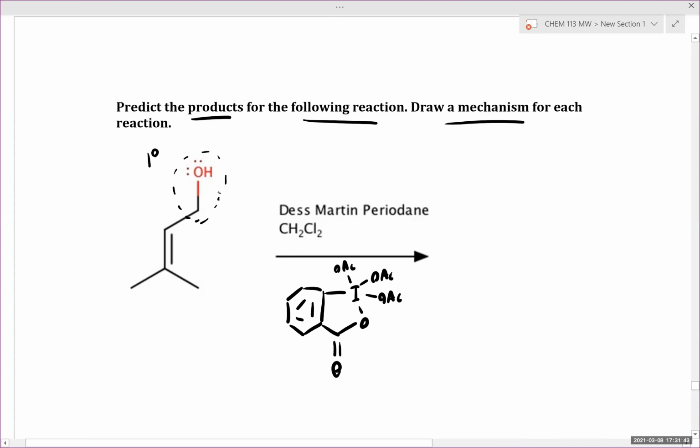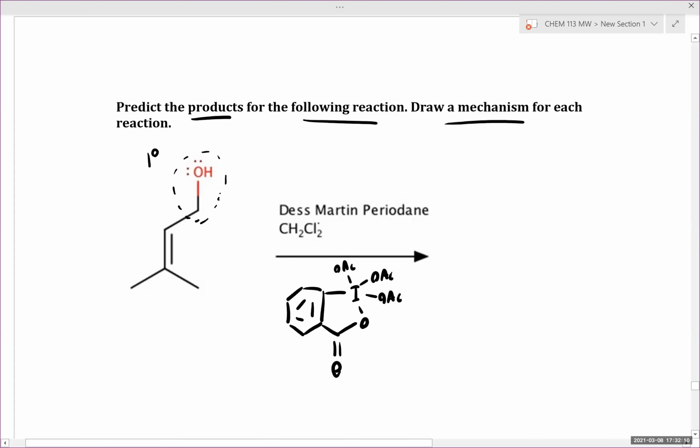Okay, and would anyone like to comment now that we have an idea of the structure of our reagent and our reactant? What happens when we treat primary alcohols with Dess-Martin periodinane?